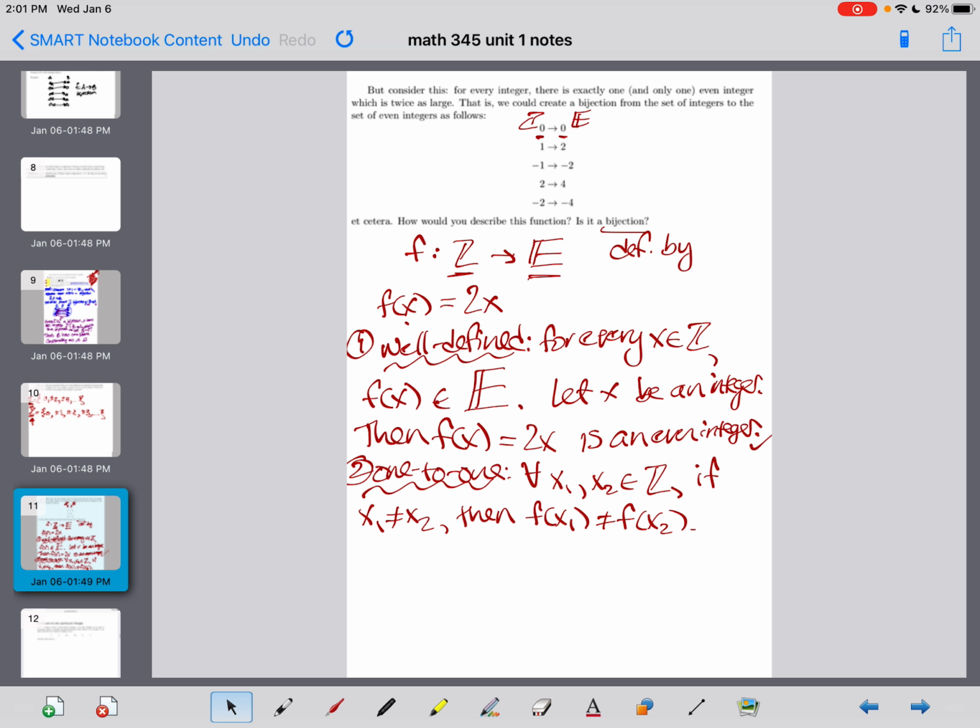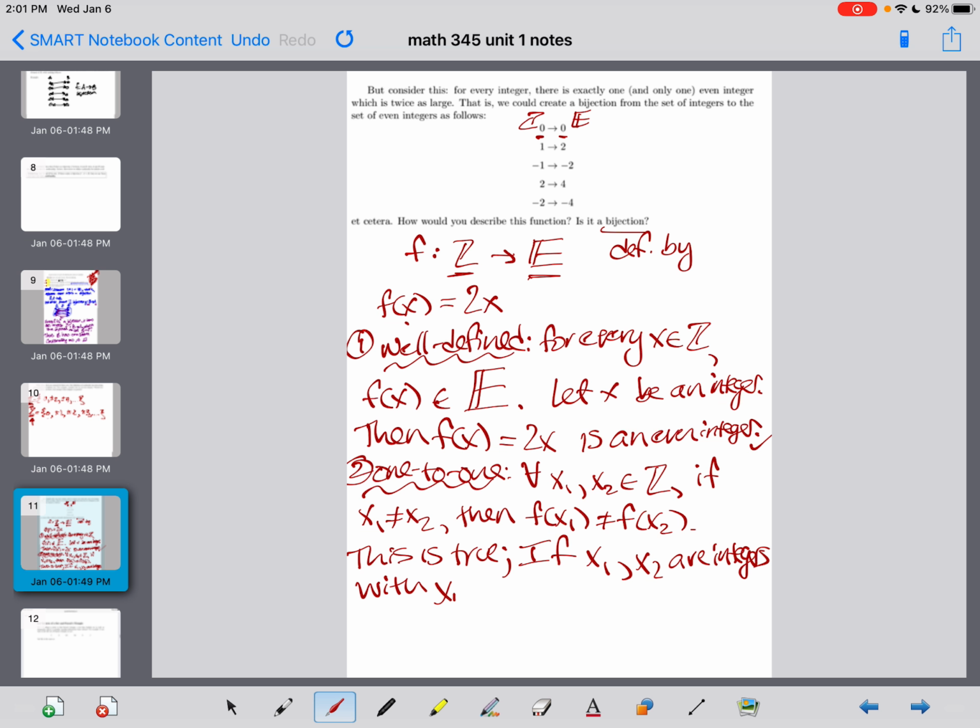So this is true. If x1 and x2 are integers that are not equal to each other, then we would have that f of x1 is equal to 2 times x1, and f of x2 is equal to 2 times x2.